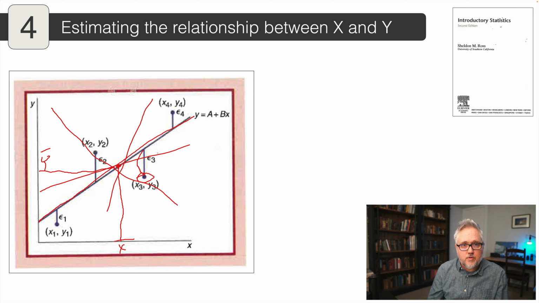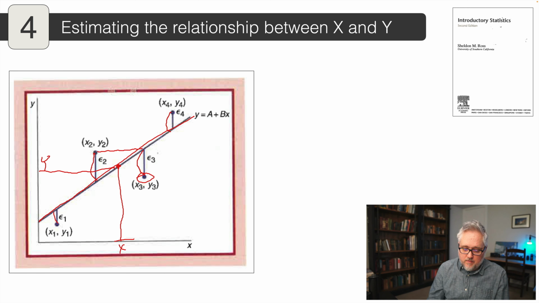And so what you're trying to do is choose a line that is minimizing the distance between all these observations and the expected value. And you can see here, you also have this deviation from y2 here to the expected value there. So what you're trying to do is draw a line in which these values are the smallest possible, right?